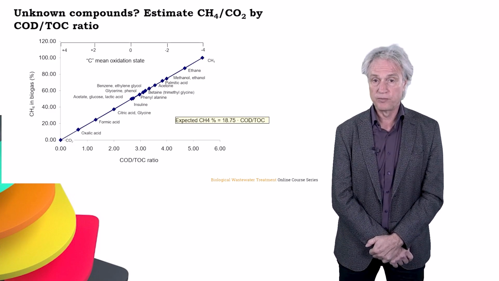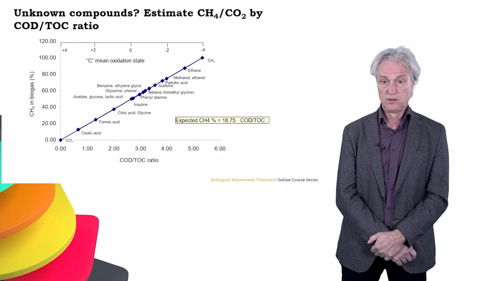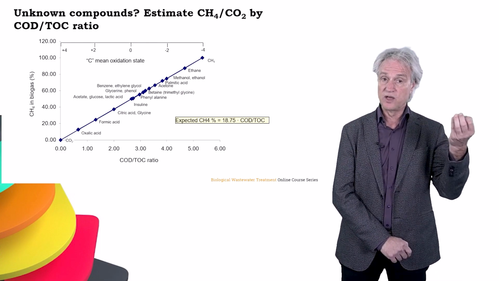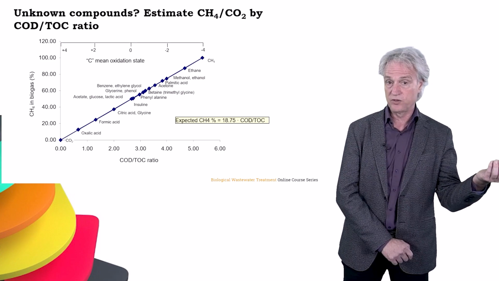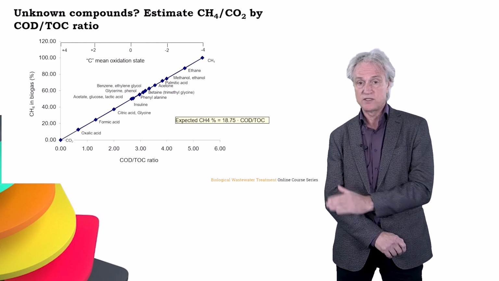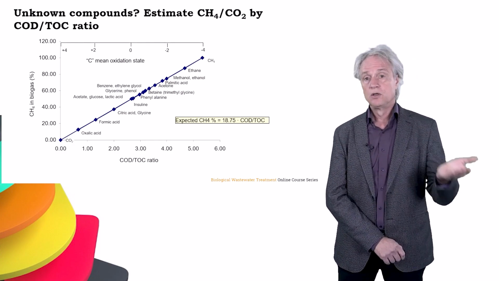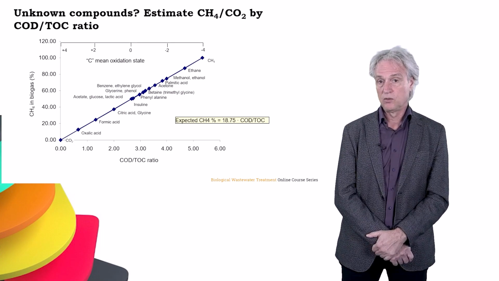From all the known compounds which are listed here, the COD/TOC ratio is plotted. On the y-axis is the amount of methane in the biogas that we produce, and on the x-axis is in fact the COD/TOC ratio, which goes from 0, CO2, to 5.33, which is methane.